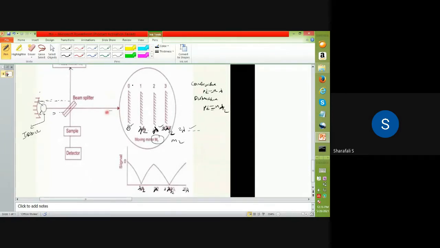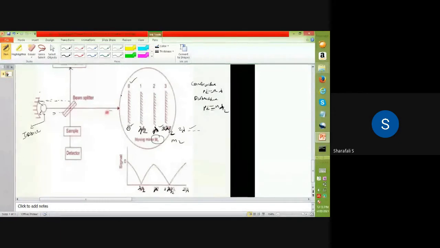So this is the first position, when lambda is equal to 0. Let's say this is the 0th position. In position 0, we have the mirrors M1 and M2 which are at the same distance.